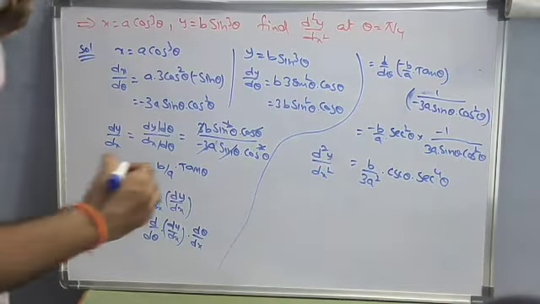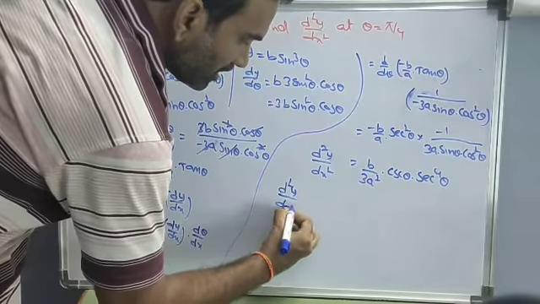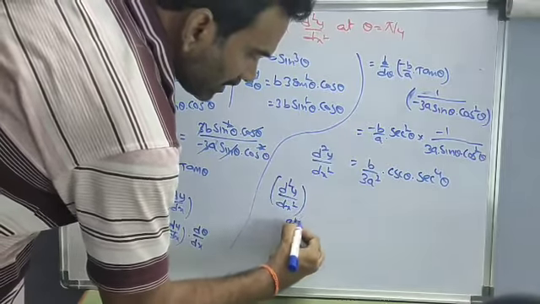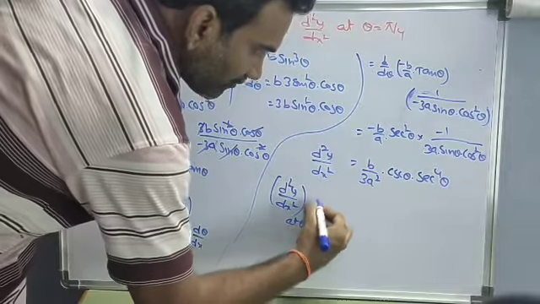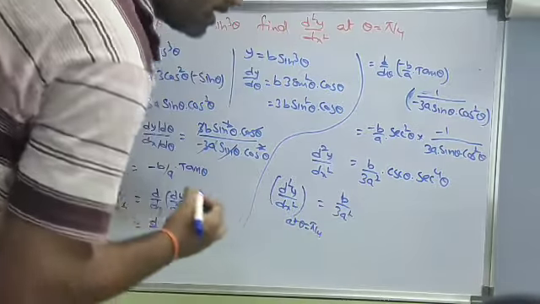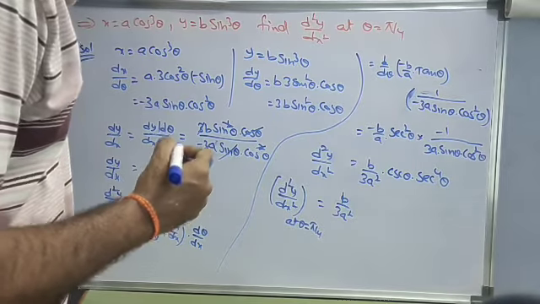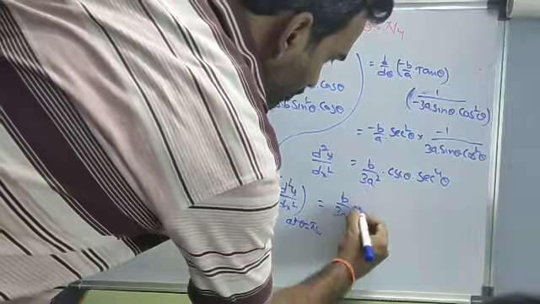And d square y by dx square at theta equal to pi by 4: b by 3a square cosecant pi by 4. What is the sin pi by 4? 1 by root 2. Cosecant pi by 4 is root 2.